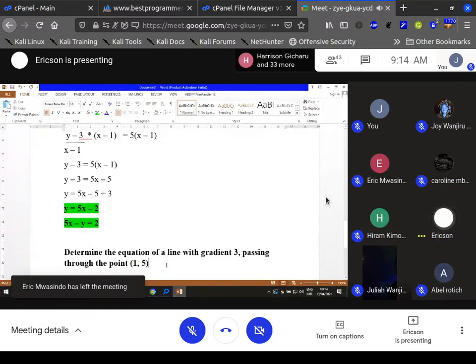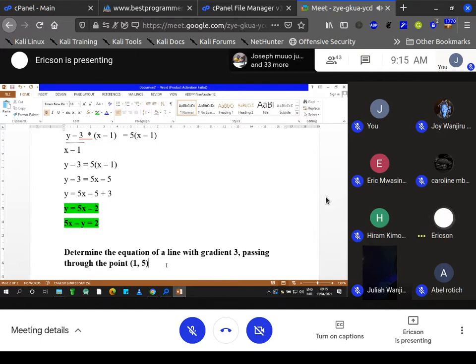Basically, that question is asking you to find the equation of that line. You have been given the gradient, and you have been given 1 point of that line. So you can try doing that. If you're through, you can give me your answer.